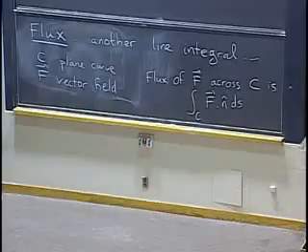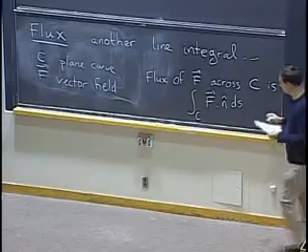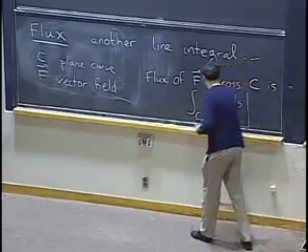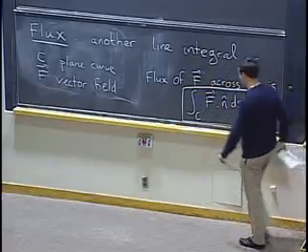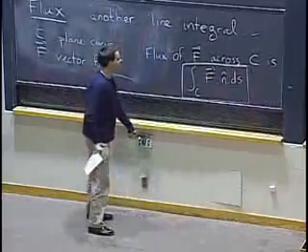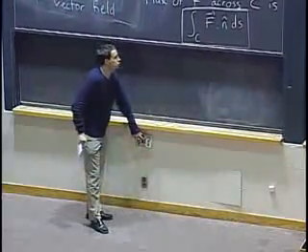So I have to explain to you what it means. But let me first box that, because that's the important formula to remember. That's the definition. So what does that mean?